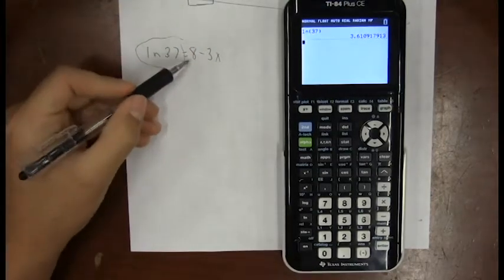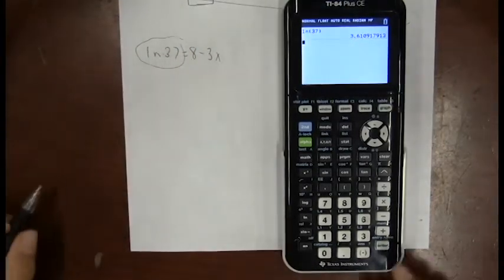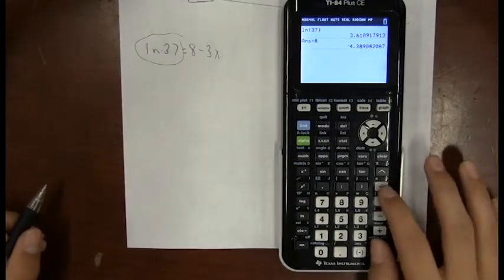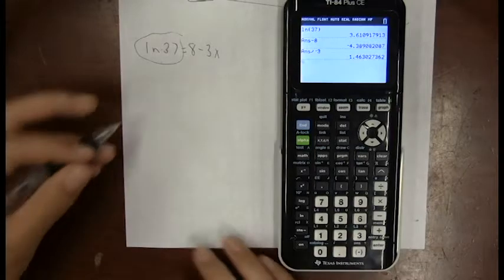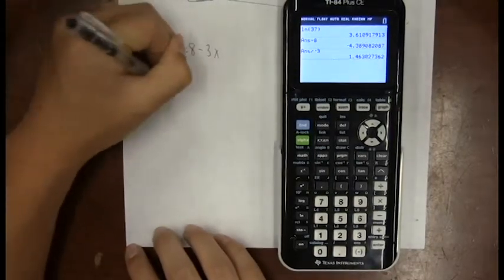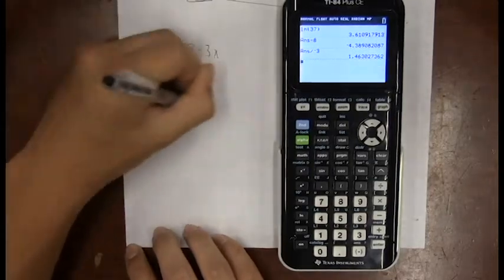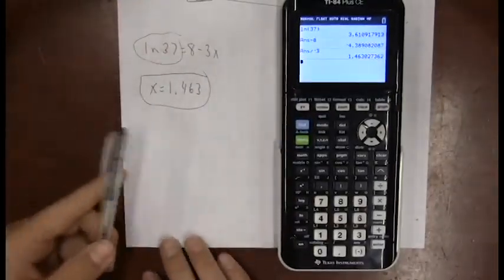Then all you do is just get everything to one side and leave the x by itself. So you subtract 8 and divide by negative 3, and your final answer would be x equals 1.463. Make sure to go to the thousandths.